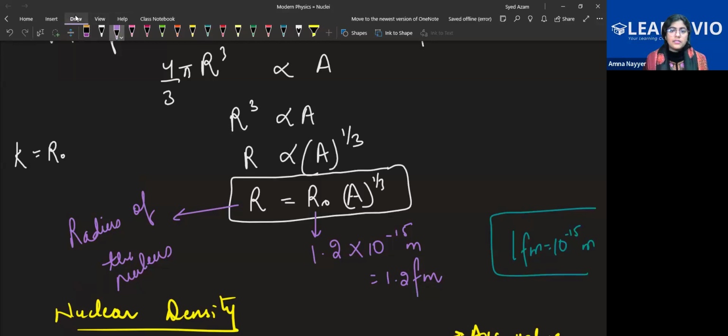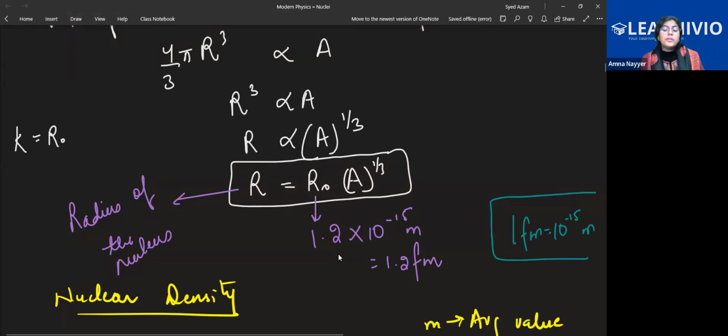So according to this conversion, you can remember this 1.2 into 10 to the power minus 15 or 1.2 Fermi meters. If it's mentioned in the question to use a given value of R naught, then you put that value, whatever is given in the question. Otherwise, 1.2 is a constant term. So you should remember it.